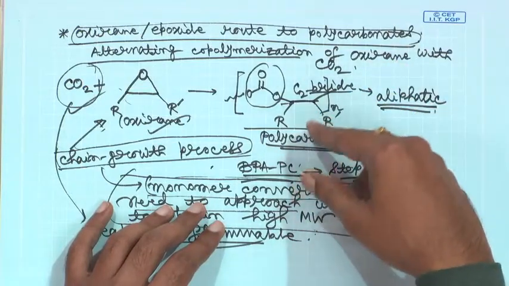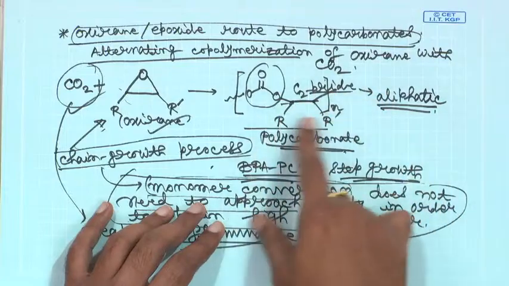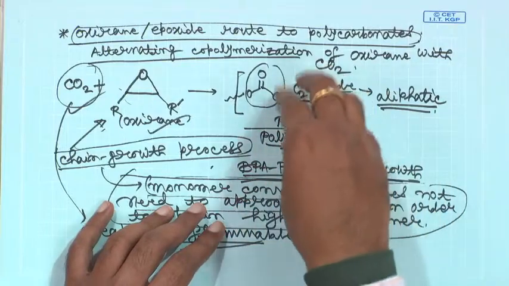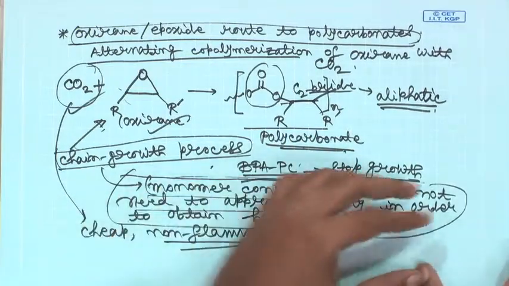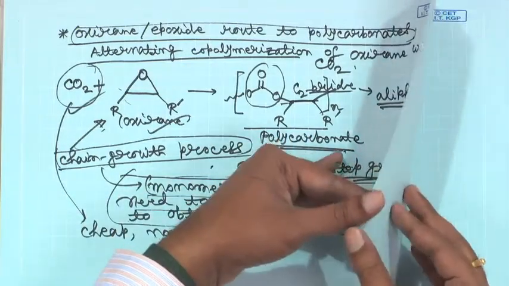And secondly, the mechanical strength also should be lower, because instead of an aromatic rigid unit, you are having these aliphatic units.